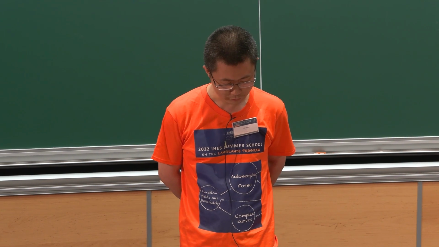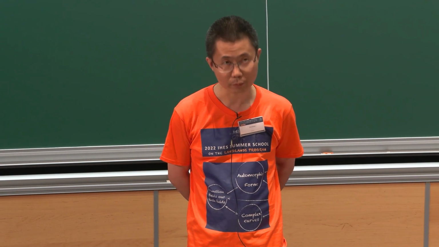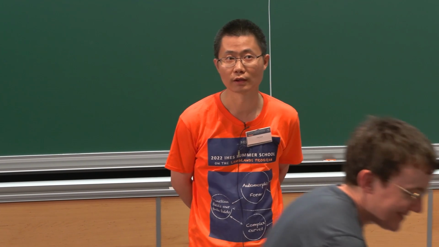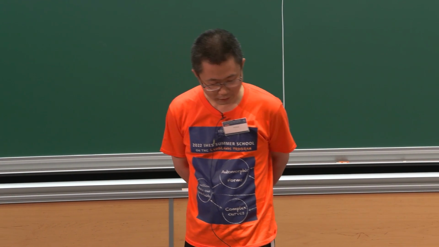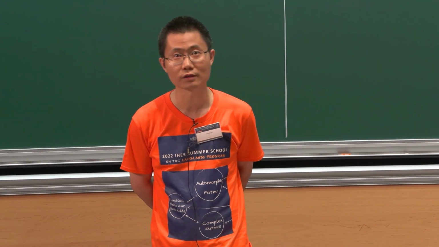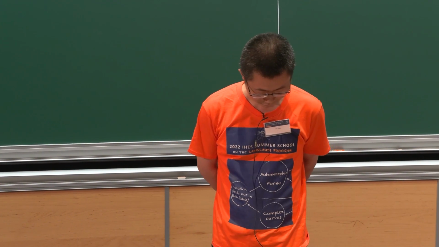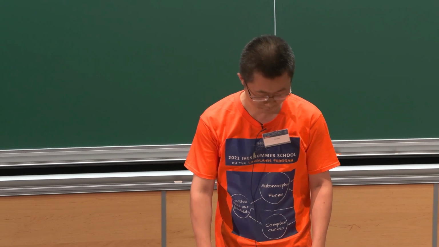The only problem is that till the end of the paper, there's no definition of Shtukas. So I think 45 years have passed. We've made so much progress. At least I'll try to give a definition today.